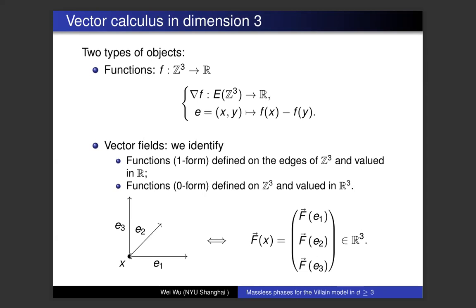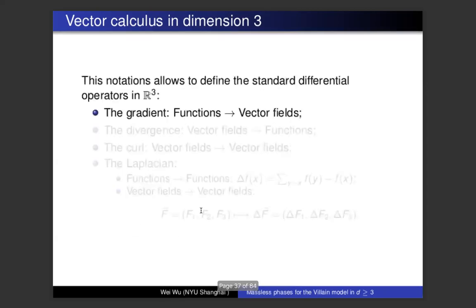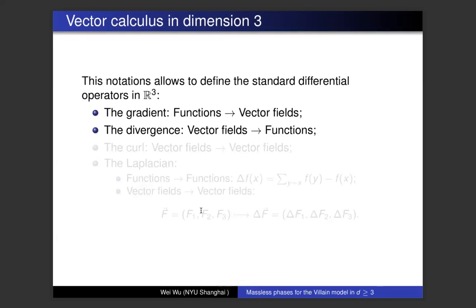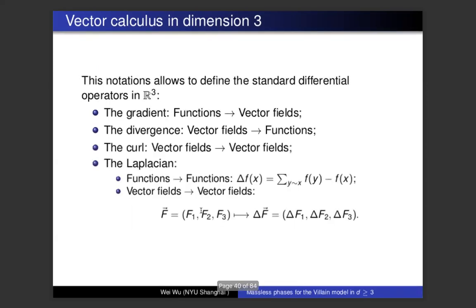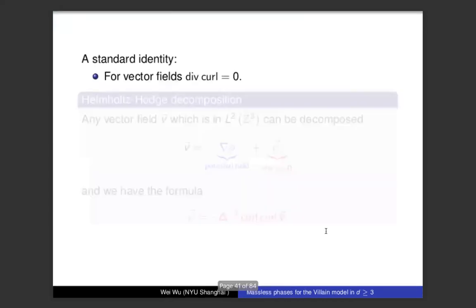We can also do that for the 2-form. It's also going to be a 3-component function. Based on that, we define the usual gradient, divergence, curl, and Laplacian operators. The Laplacian takes functions to functions. It takes 3-component vector fields to 3-component vector fields.